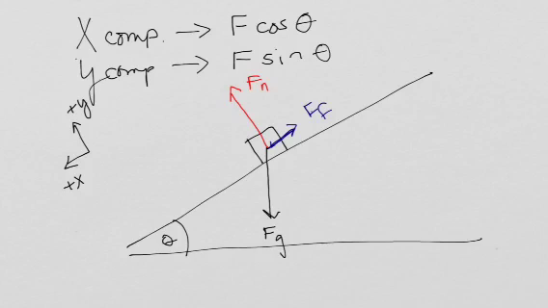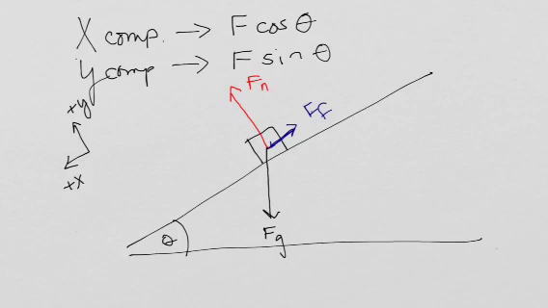Now, these are the actual forces at play on this object. But if we want to add these up and look at what is impacting this in the y or in the x, we can't necessarily do that when the image is as such.